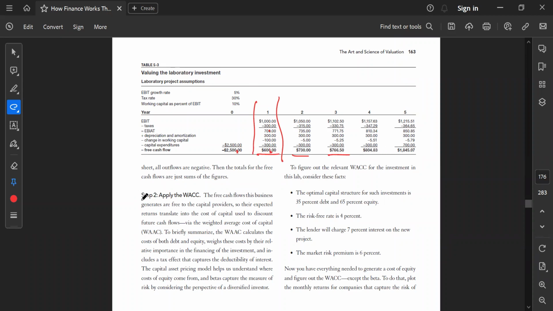Now step 2 is, okay, so step 1 was to arrive at the free cash flows. Step 2 is to apply the weighted average cost of capital. Now if you remember, weighted average cost of capital is basically a method using which we assess the cost of capital by giving sufficient weight to the proportion of debt and proportion of equity, right?